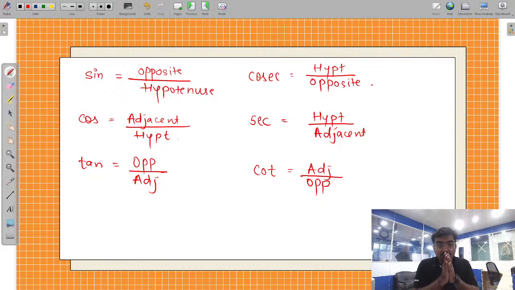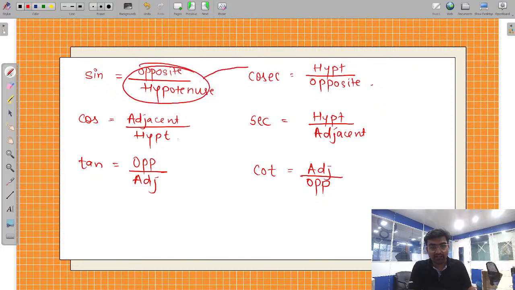Now just pause and look at the screen. Can you see any similarity in these ratios? Think about it. Okay, now I'll tell you. The ratio of sine is exactly inverse to the ratio of cosec.